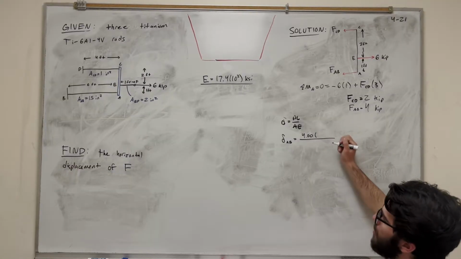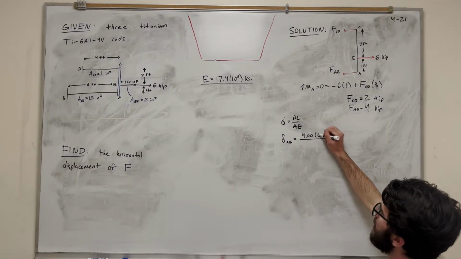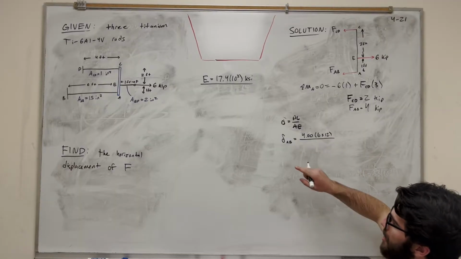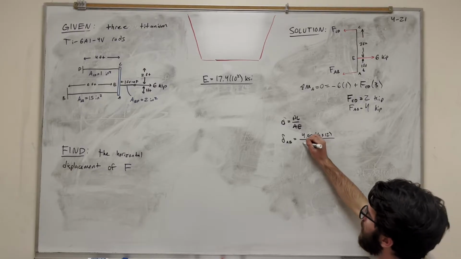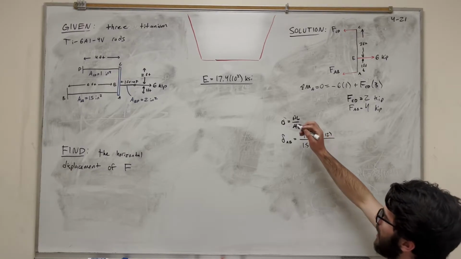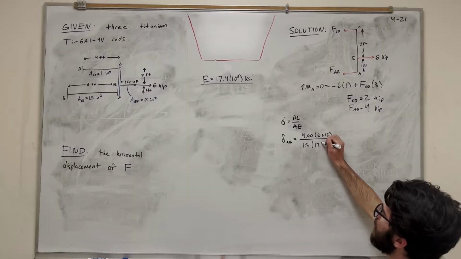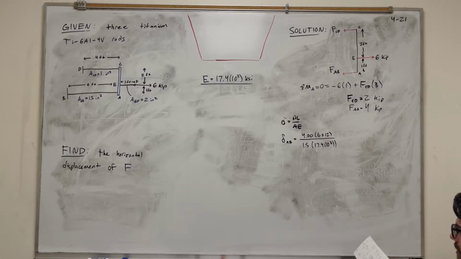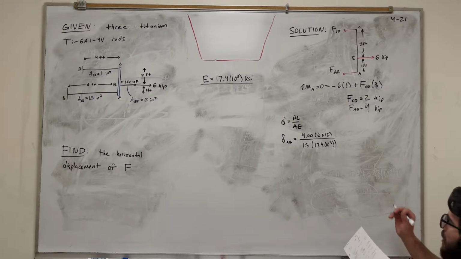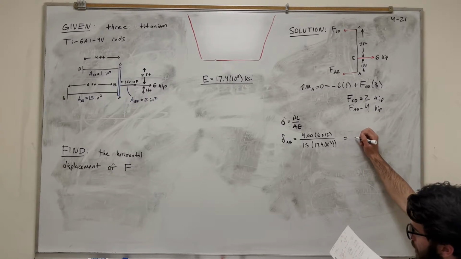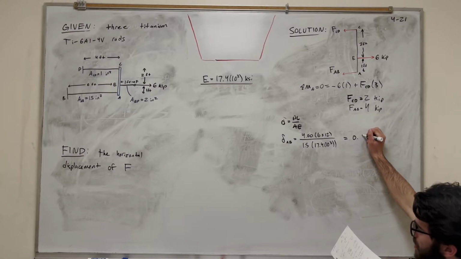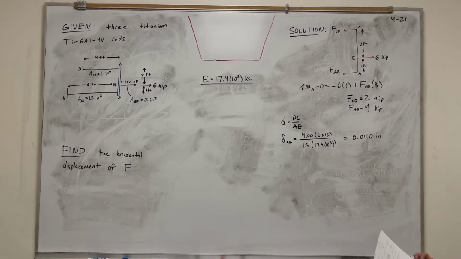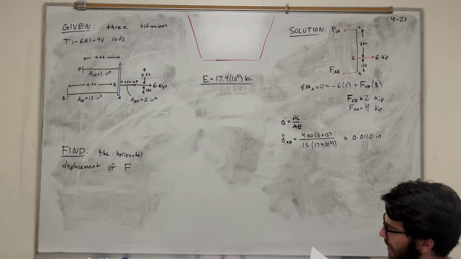The length of AB is 6 feet, so 6 times 12 inches. We want to keep it in inches because we're going to have the area in inches. We're given 1.5 inches squared, and the elasticity, 17.4 times 10 to the 3rd. Those units are going to work out. We get that the displacement of AB is equal to 0.0110 inches.